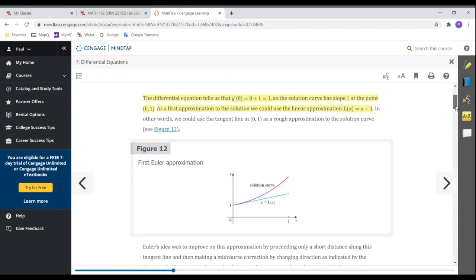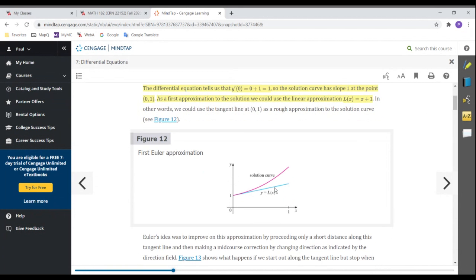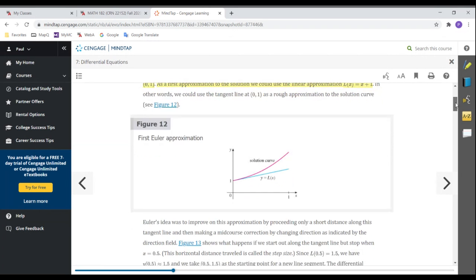Normally, we'd like to approximate the values of the solution curve for different x values. The solution curve, which is y equals some function of x, is going to take on different y values for different x values, and we'd like to approximate those y values.